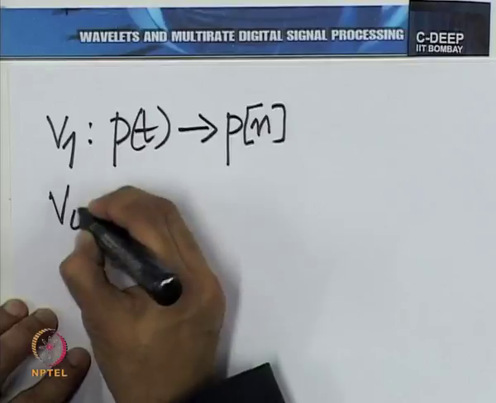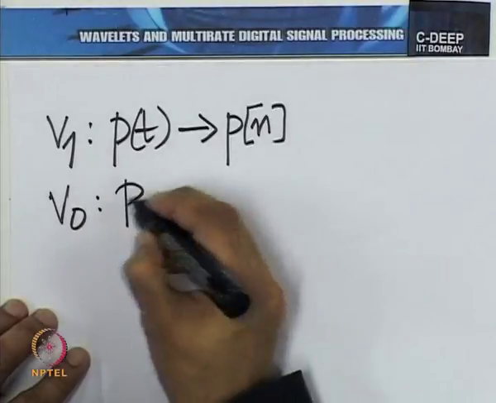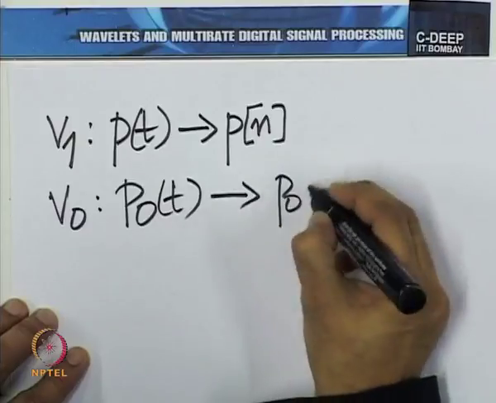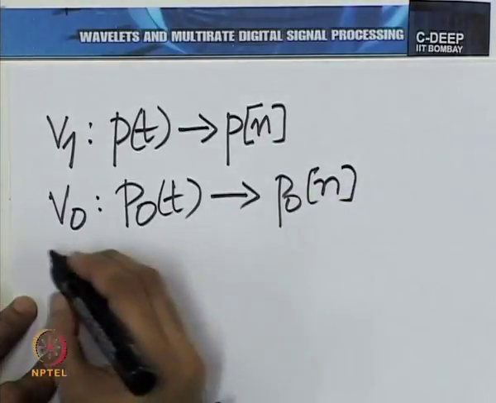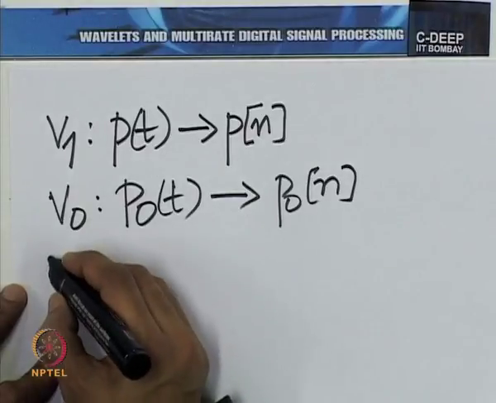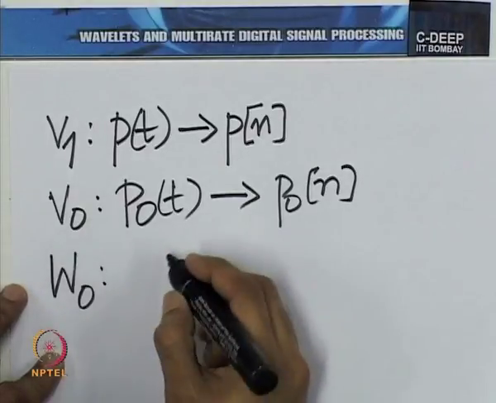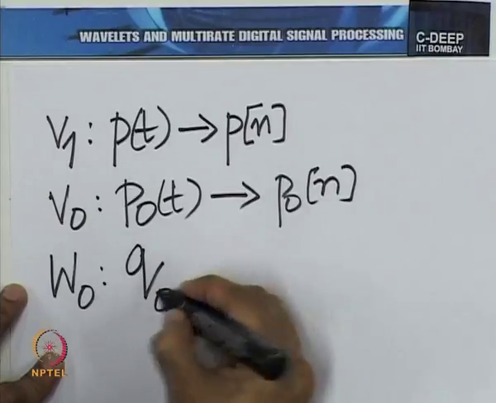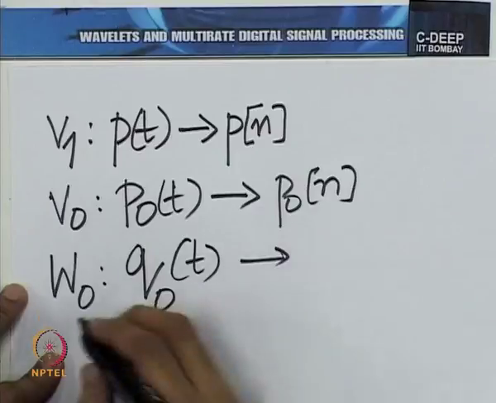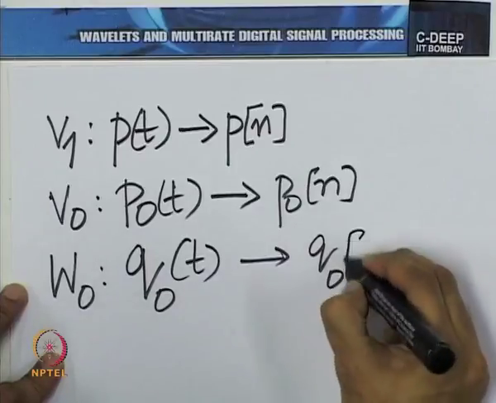You have the corresponding function P 0 t, let us call it, and the corresponding sequence P 0 n, where P 0 is the component in V 0, so to speak, and you have Q 0, let us say, as the component in W 0 and the corresponding sequence Q 0 n.